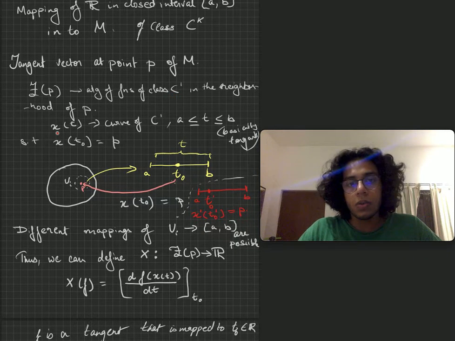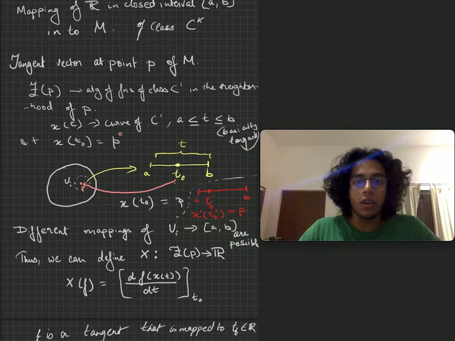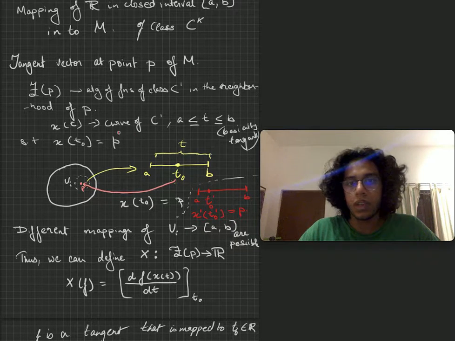Okay. So now just imagine x of t to be a curve of class C1. So x of t is an element of this F. Or, it's not exactly an element, but x of t is related to F. How exactly, we'll see in a bit.